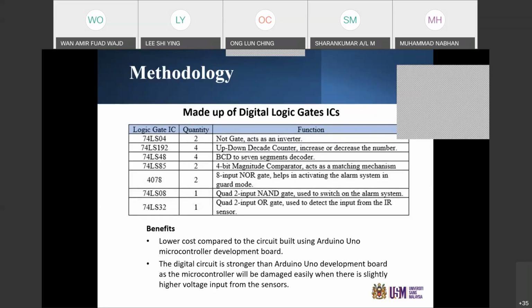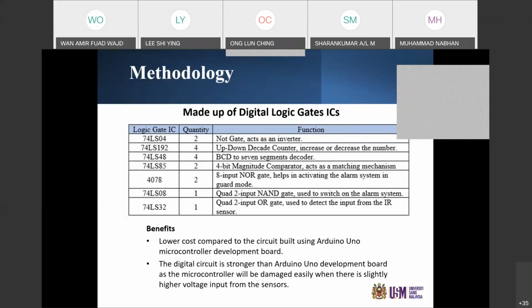The logic gate that we use is 74AS04, which functions as a NOT gate and acts as an inverter. 74192 functions as an up-down decade counter to increase or decrease the number of people. 74LS48 is a BCD to 7-segment decoder. 74LS85 is a 4-bit magnitude comparator that acts as a matching mechanism, one part of this circuit.